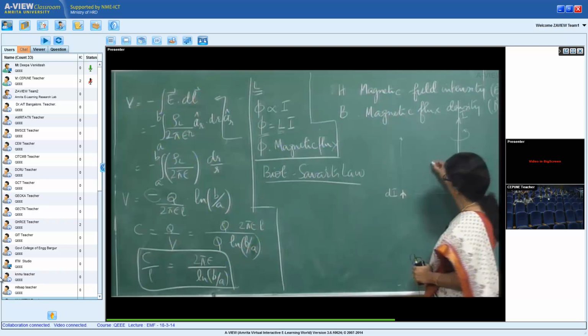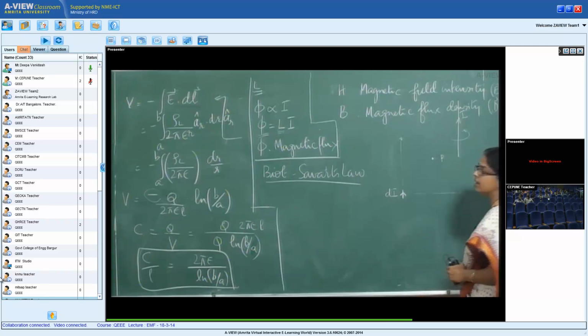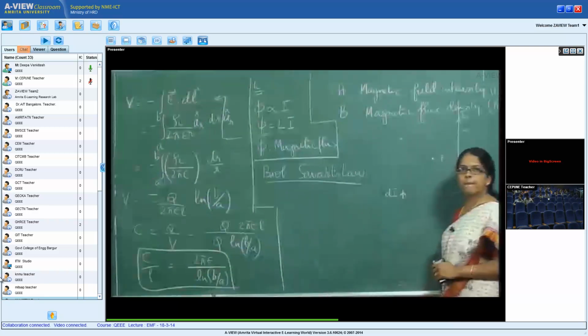Now, at an arbitrary point P, you want to find out how much is the magnetic field. What is the magnetic field induced? That is given by Biot-Savart's law.